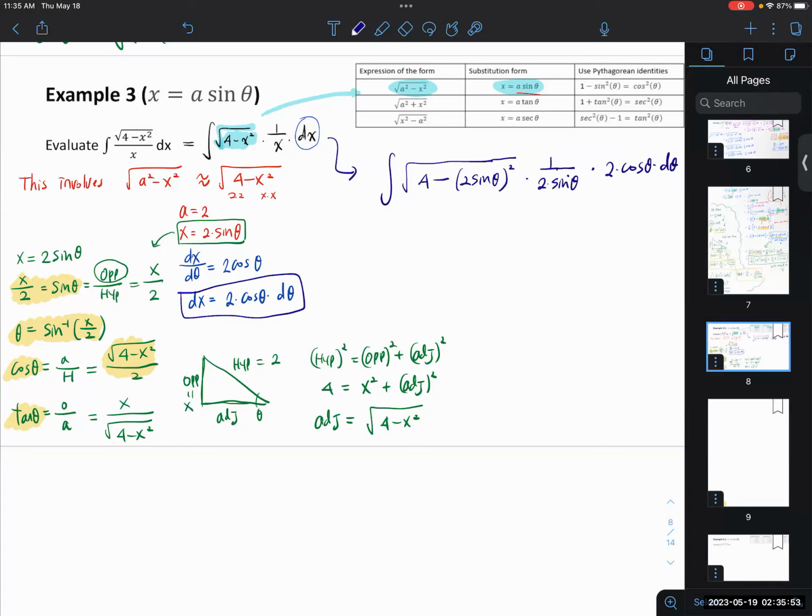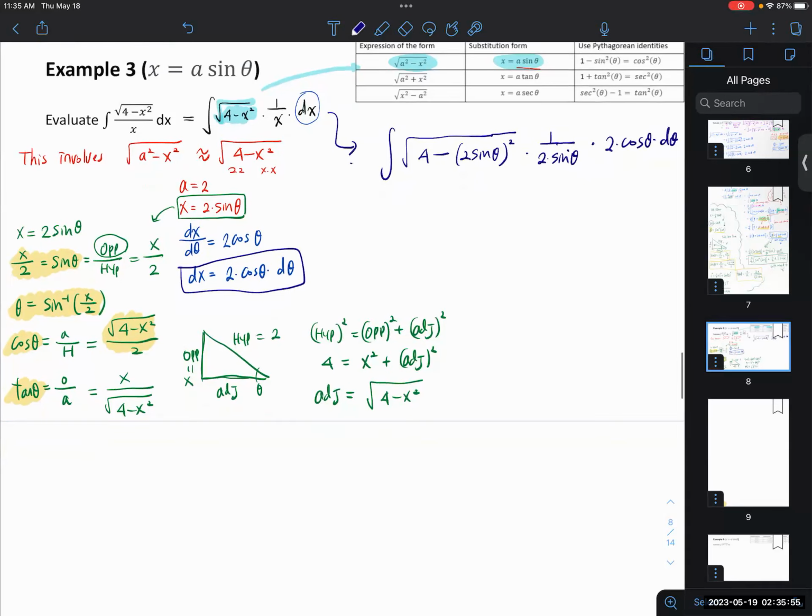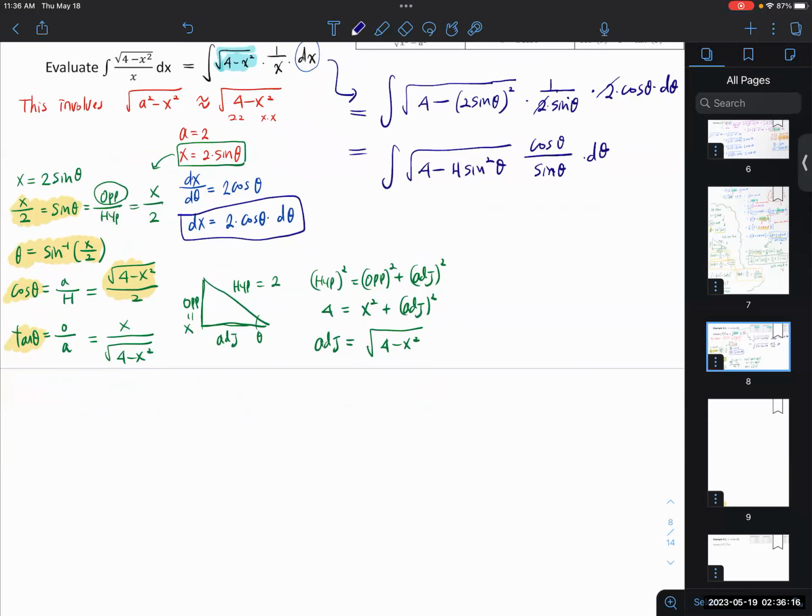Are you following? So let's solve it. So in the integral, this is 4 sine squared theta, the 2s cancel, right? And then it is going to be cosine theta over sine theta d theta. Actually, I need more space. So with the 4, we can find the common factor.